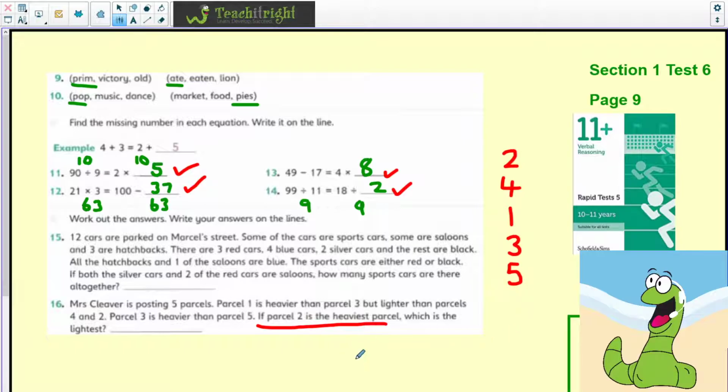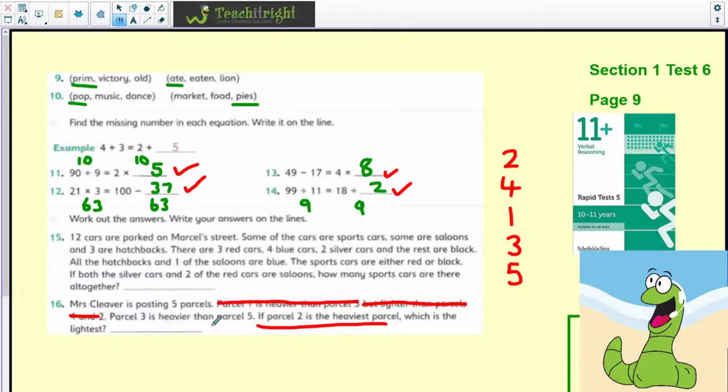So let's just double check that we've got everything in the right order. We've got parcel 1 is heavier than parcel 3. Yep, that works. So I'm going to get rid of that information. But lighter than parcels 4 and 2. Well, 2 and 4 are above 1 and 3, so I'm happy with that as well.